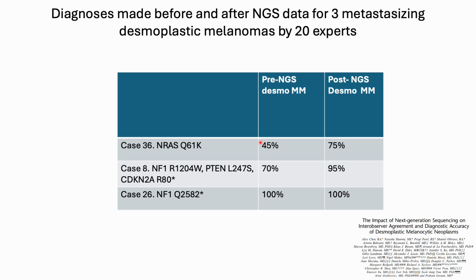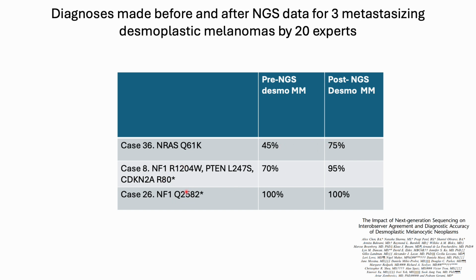The other diagnoses were all benign or intermediate. Whereas after being exposed to the molecular information, 75% were able to make a diagnosis of desmoplastic melanoma. And we know this case metastasized, so we know this is actually a melanoma rather than a histologic mimic. So it would seem in this case that molecular helped the experts make a more accurate diagnosis.